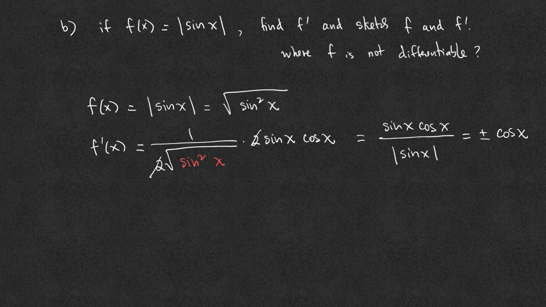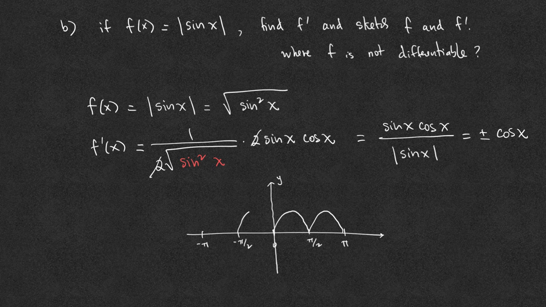The graph of f of x is entirely above the x-axis because it is the absolute value, and so normally sine of x would look like this: middle, high, middle, low, middle. But then since the graph is entirely above the x-axis, we have sine of x being entirely above the x-axis.